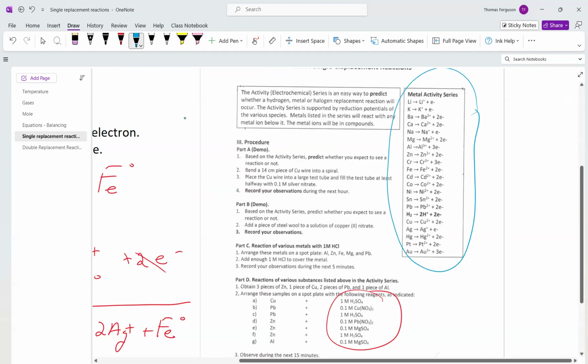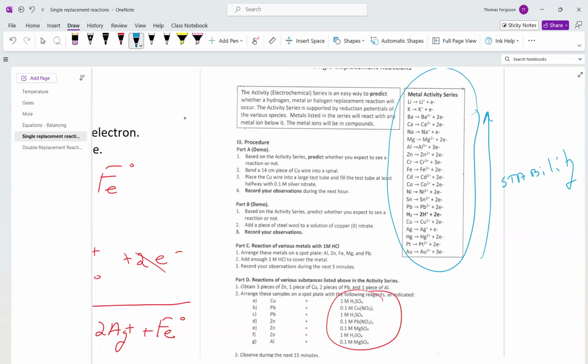Okay, that table is a table of stable reactions. Now, the higher in the table it goes, the more stable they are. So this is increasing stability.